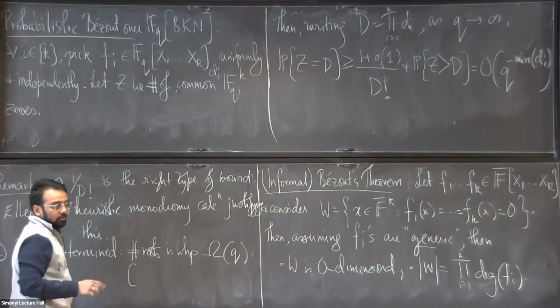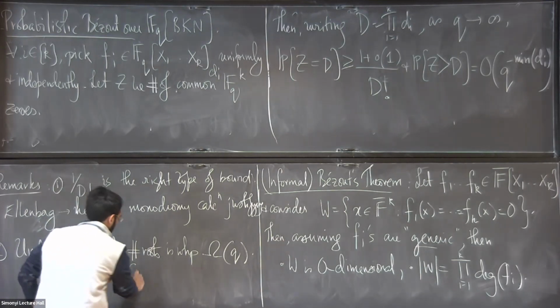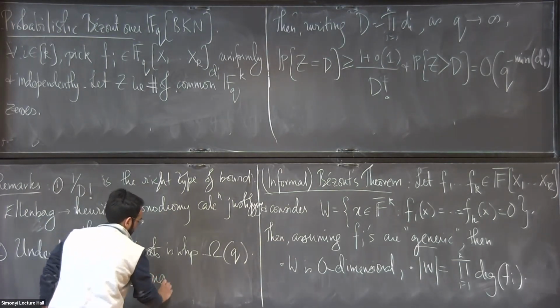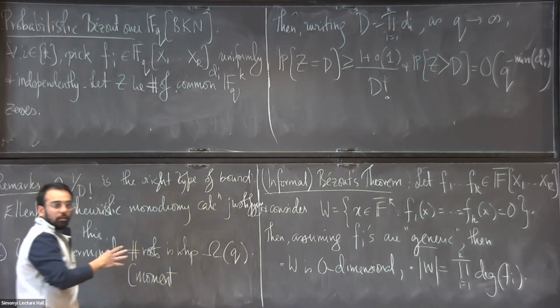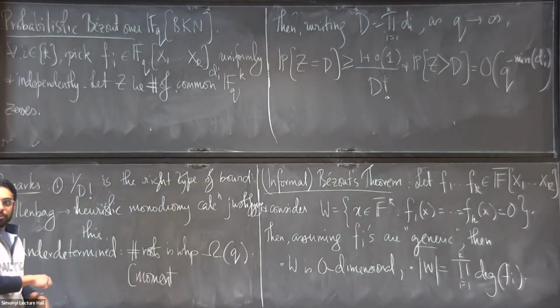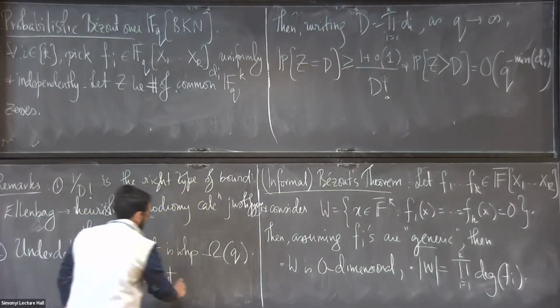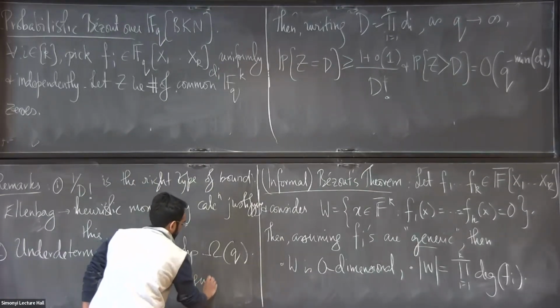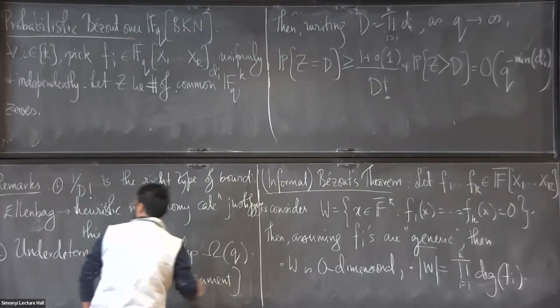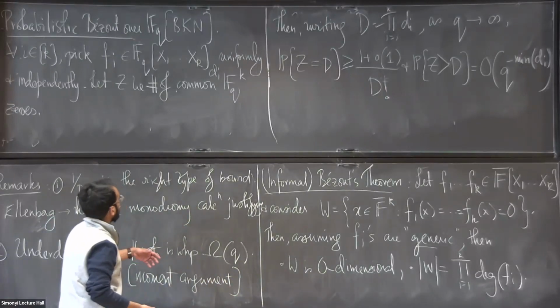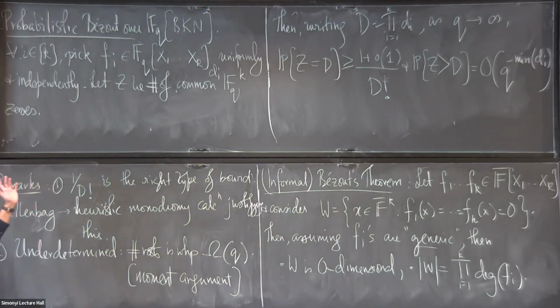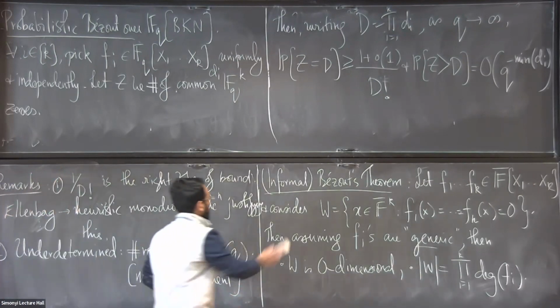This is not hard, it's just a moment argument. You can compute large finite moments of the number of roots. And for overdetermined systems, even a perfectly determined system has finitely many roots with high probability, so the chance of the next polynomial in your system vanishing anywhere is minuscule.